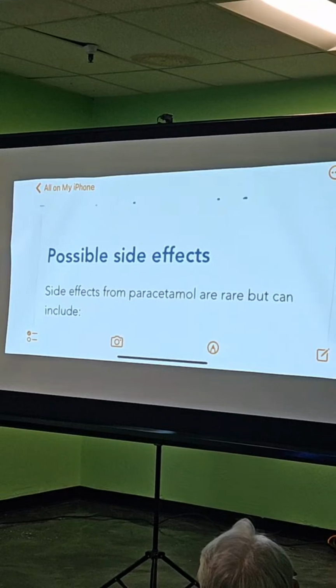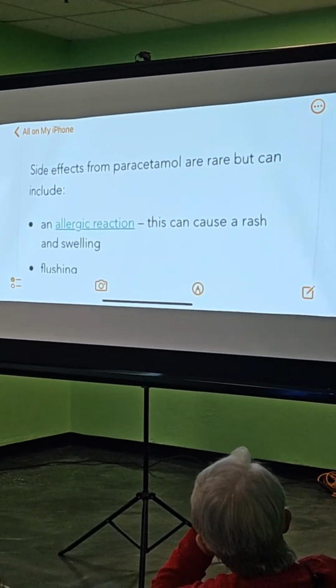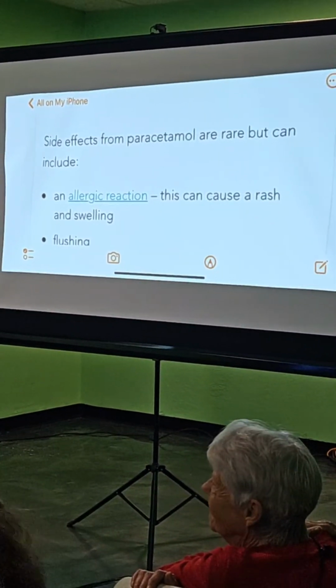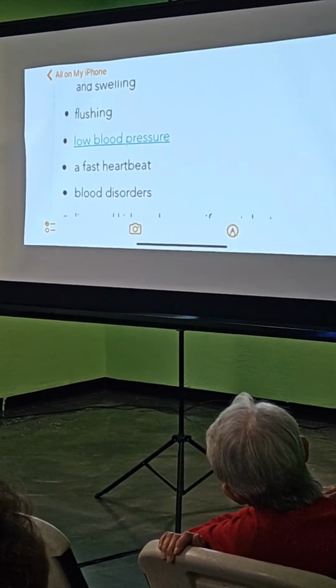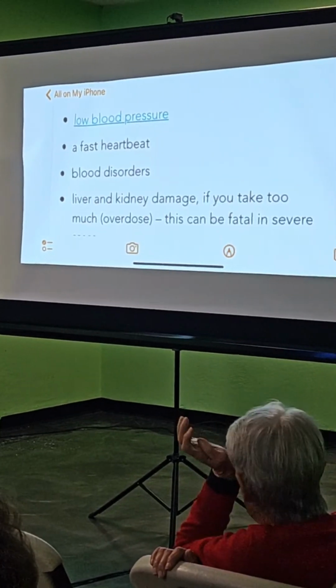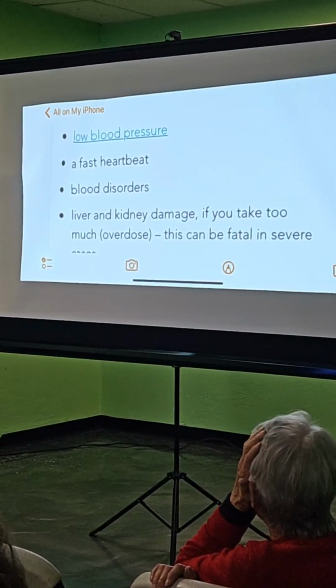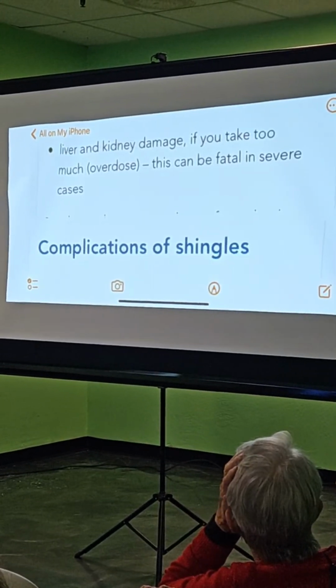But these are awesome side effects. We could have had an allergic reaction to cause a rash. Flushing, low blood pressure, heart rate changes, variability changes, blood disorders. What kind of blood disorders? Oh, we could do liver and kidney damage too. Okay, or you could die.